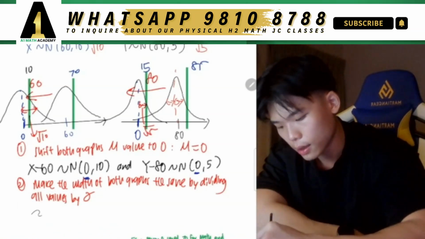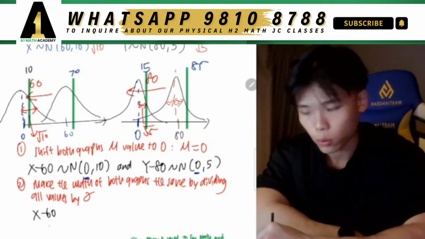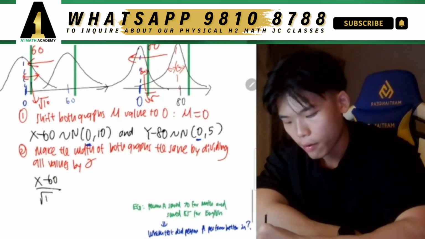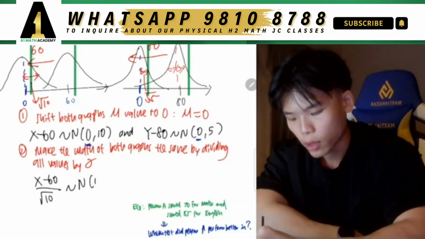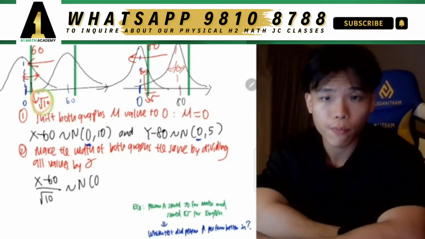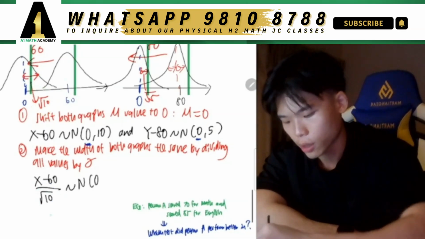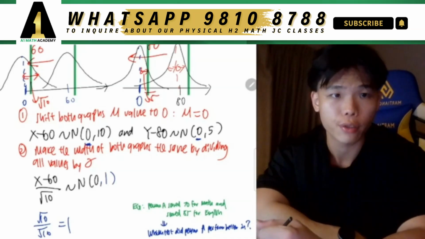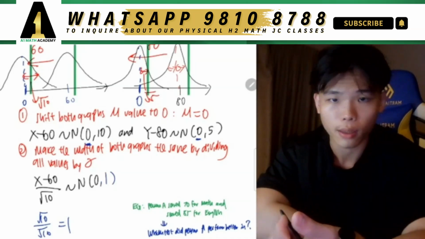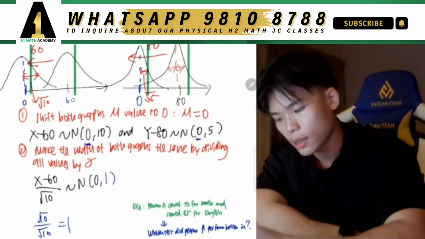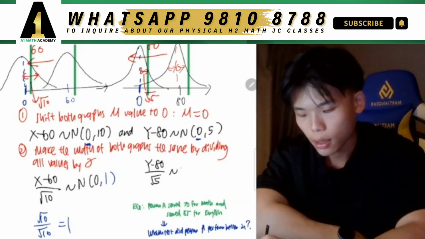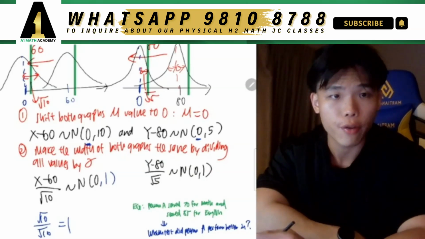So what this means is now for every single x value here, I am going to divide it away by root 10. And when I divide it away by root 10, this gap over here, root 10 divided by root 10, right? You see root 10 divided by root 10 gives me 1. So now the variance is 1, which also means the standard deviation is 1, right? And then for this graph over here, I will divide it by its standard deviation so that the variance is also 1.